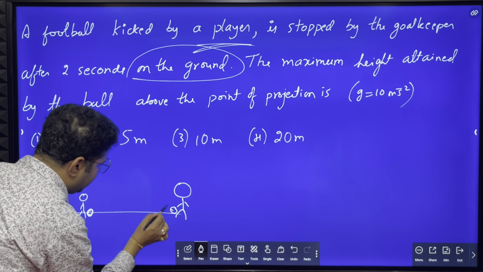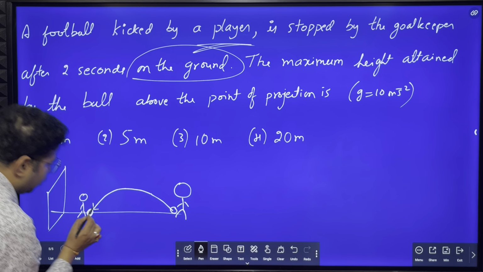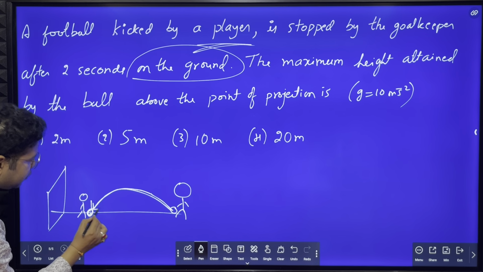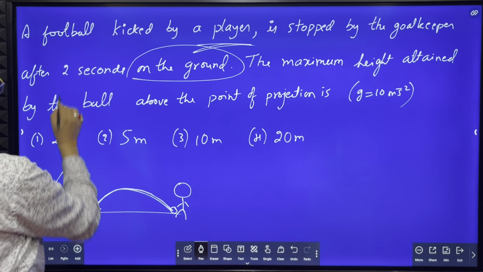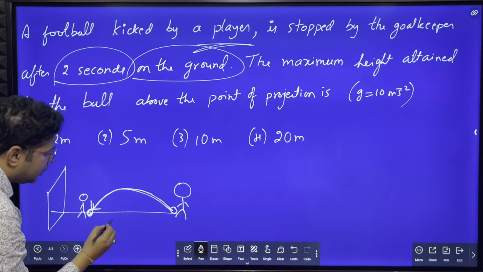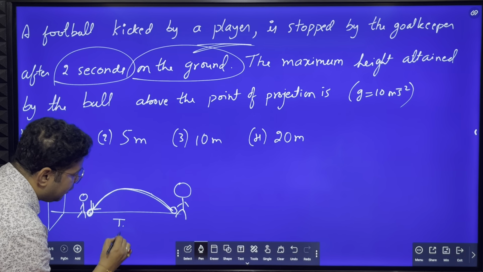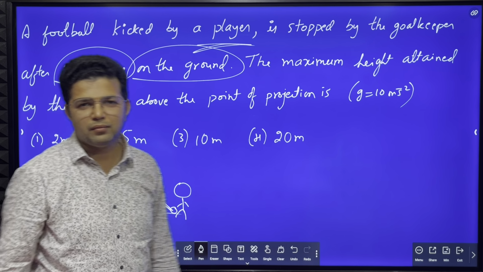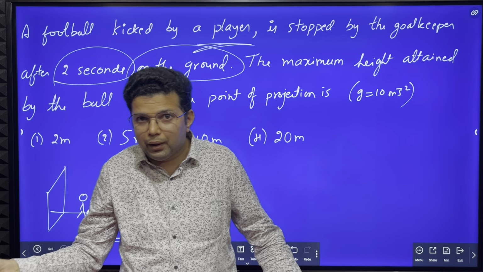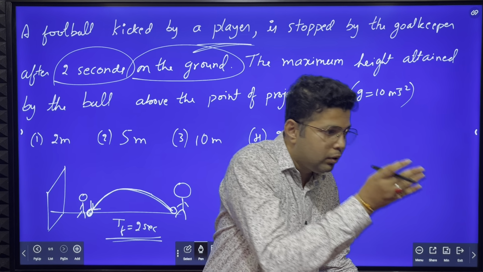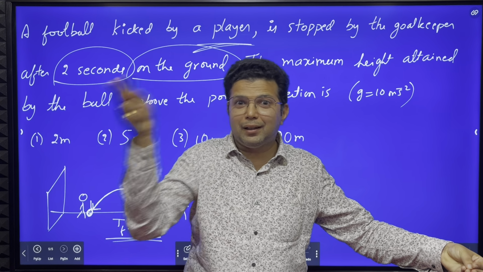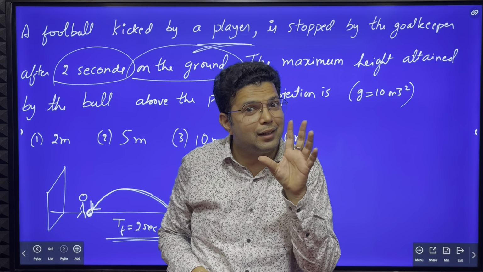He kicked the football, and it is stopped by the goalkeeper on the ground. On the ground after 2 seconds means we got time of flight is equal to 2 seconds. This is very important. Stopped on the ground means it has completed the flight. So time taken is time of flight.